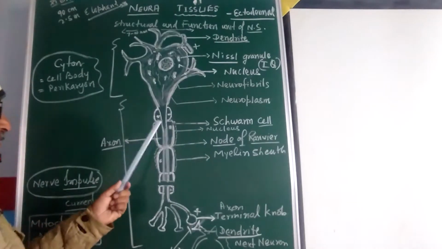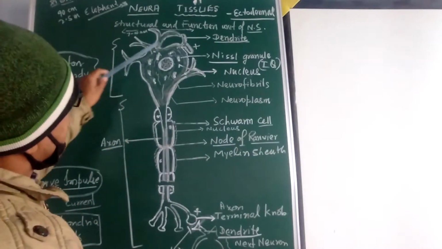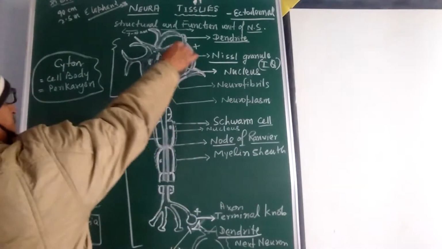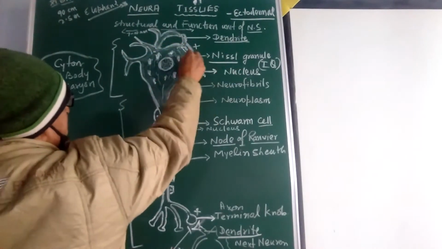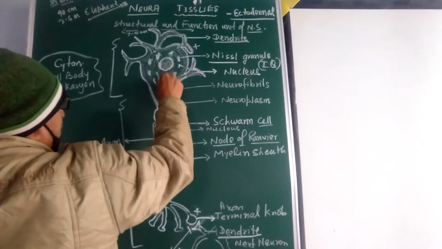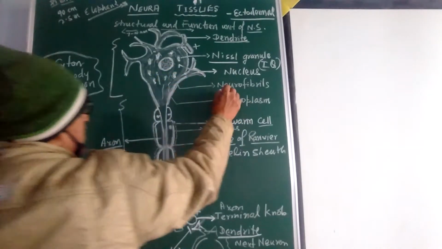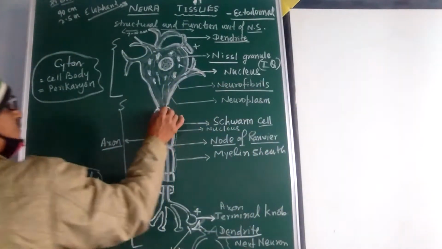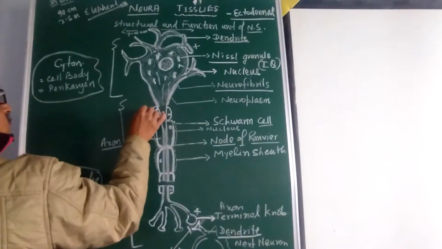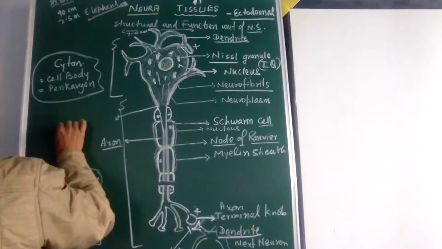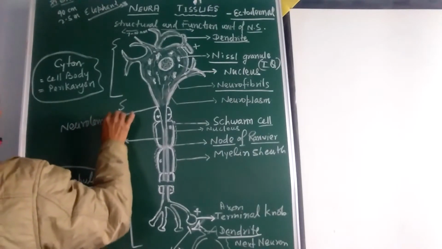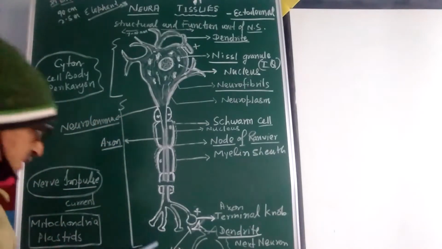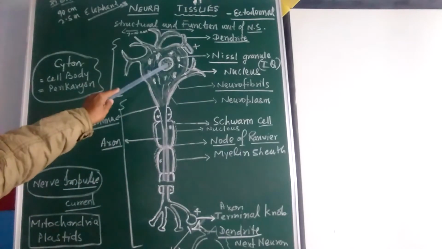Inside this cytosol you can make many dot-like structures known as Nissl granules, and fiber-like structures that are called neurofibrils. This one is called the neurolemma, which is the plasma membrane of the neural cell, and this one is the nucleus.